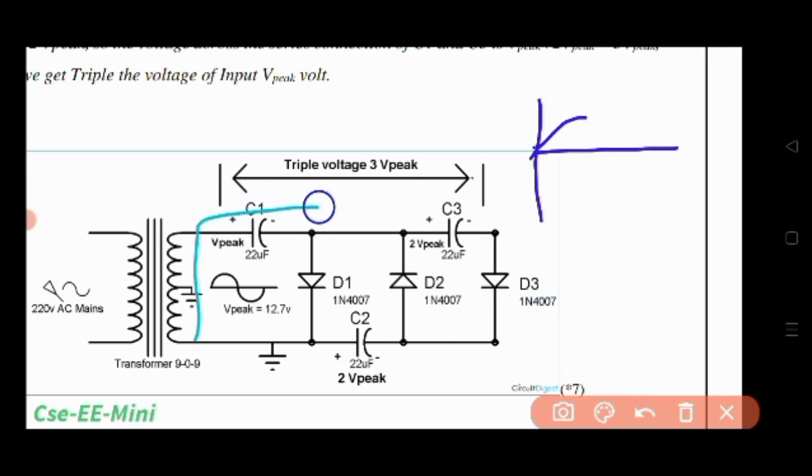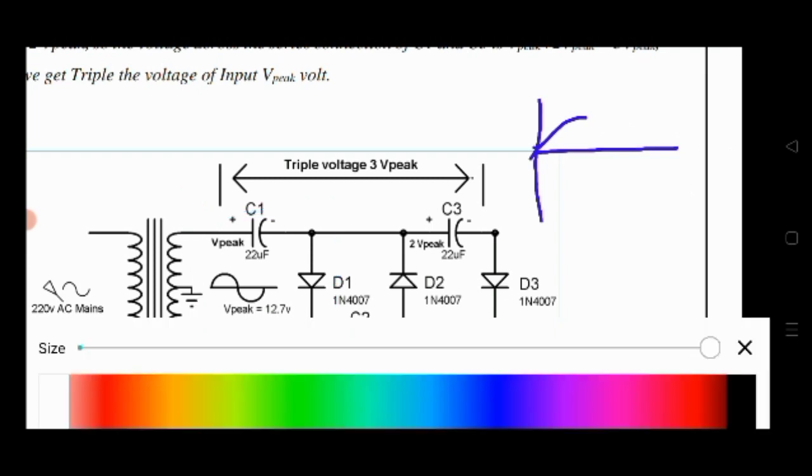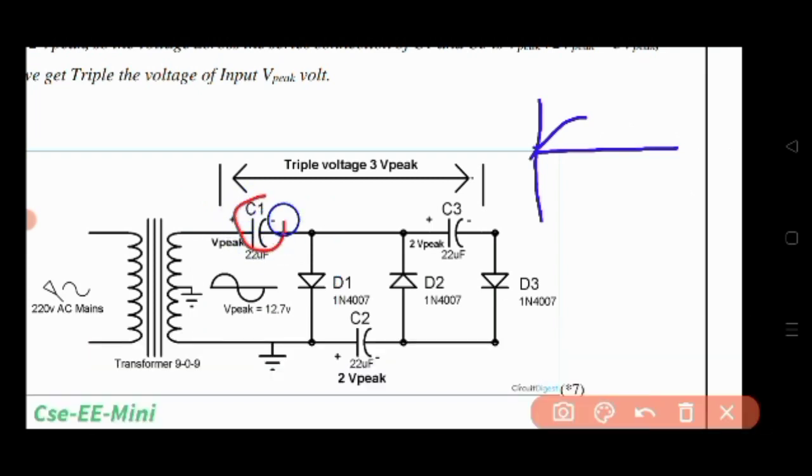So it will go like this, because the diode polarity is like this, plus minus, in the first positive half cycle like in the previous examples. So in this way the capacitor C1 gets charged. So capacitor C1 gets charged, let me mark it in red.